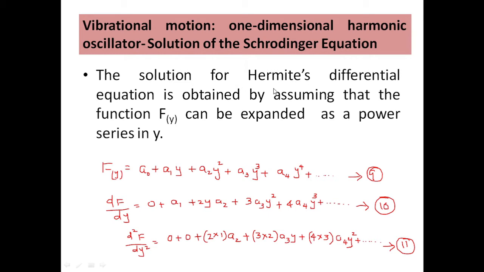The solution for the Hermite differential equation is obtained by assuming that f of y can be expanded as a power series in y. Actually, this f of y can be represented as a power series where a0, a1, a2, a3, etc. are coefficients of y raised to 0, y, y squared, y cube, etc. We take the first derivative and the second derivative, and we get equations 9, 10 and 11.